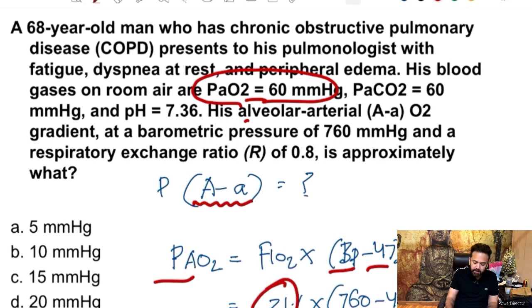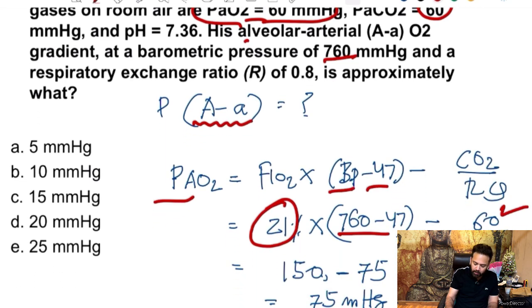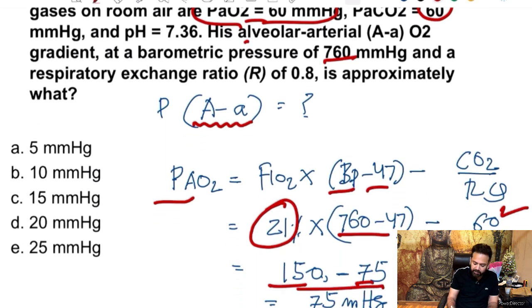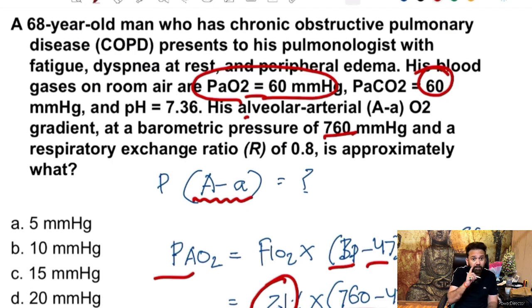FiO2 is 21%, patient is not on ventilator, normal atmospheric pressure. Barometric pressure is 760 minus 47 minus 60 upon respiratory quotient, which is how much? 0.8. It comes around how much? 150 minus 75, so 75 mmHg is PAO2, but they are asking A minus a. Small a is how much? 60. So 75 minus 60 will be how much? 15 mm of Hg.